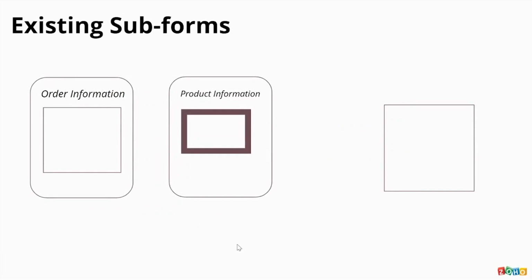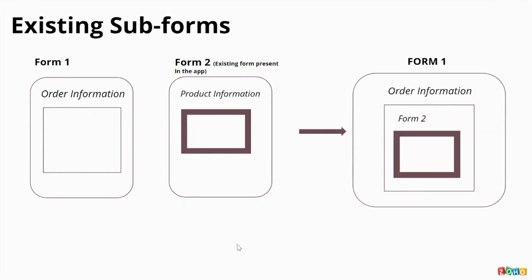And coming to the existing subform concept, assume that we have a form called form 1, which is the order information, and there is another form, form 2, which is an existing form present within the application. Now, if you want to add the product information into form 1, you can use the existing subform concept to do so.